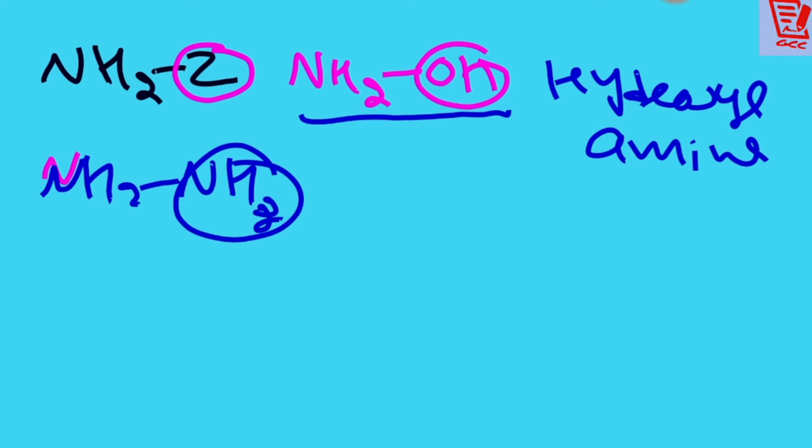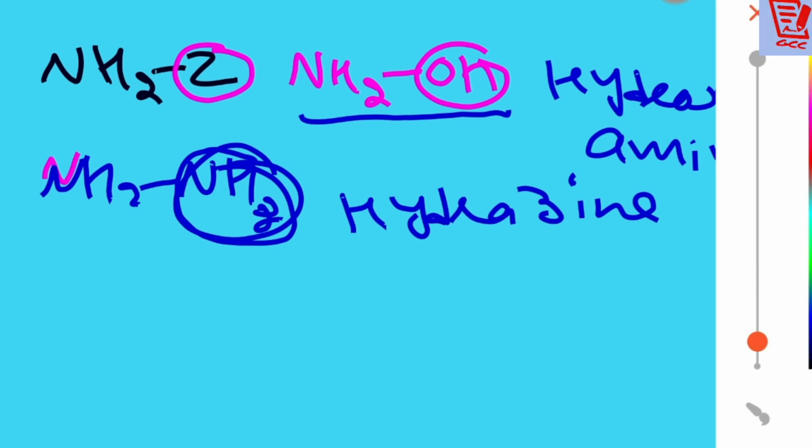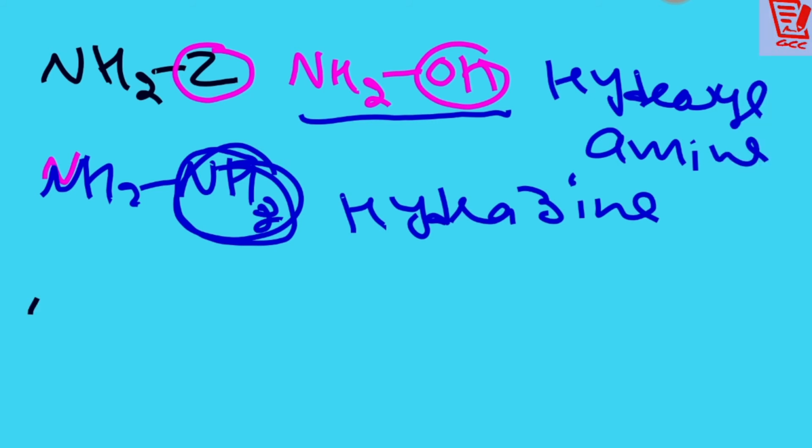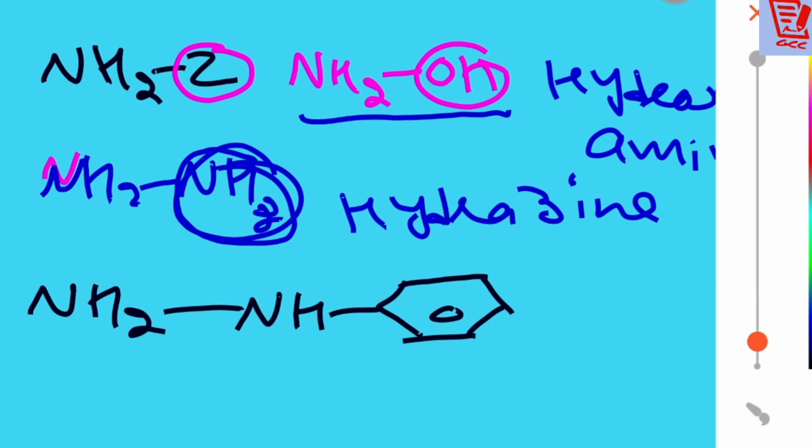Hydroxylamine. And at the place of Z, if NH2 is here, then it is called hydrazine. Now same way, if at the place of Z there is NH along with one benzene ring, then it is known as phenylhydrazine.